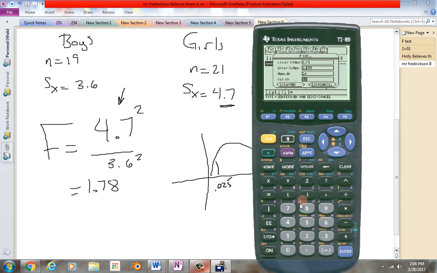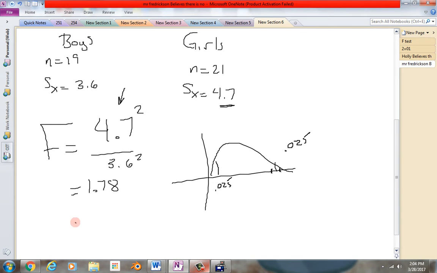And for our denominator degrees of freedom, it's 18. And so we're going to get this number here, which is 0.11. You see that? So our actual p-value is 0.22, which again is bigger than 0.05.